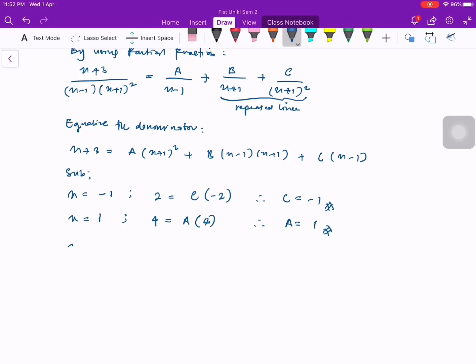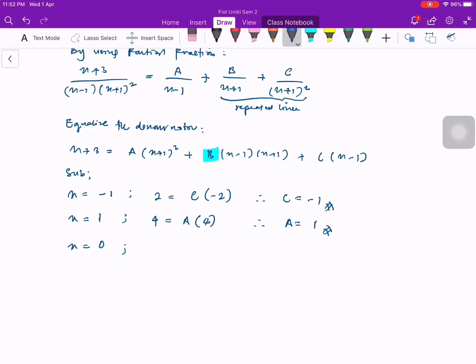Then lastly, for finding b, as I said earlier, this is actually a freedom. We can choose any value of x, because now we're just looking for a value of b. So let's say I'm choosing x equals to 0. Easier for us to calculate, right?